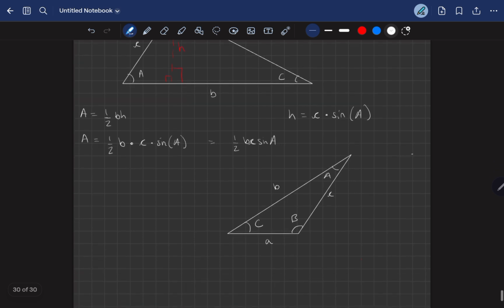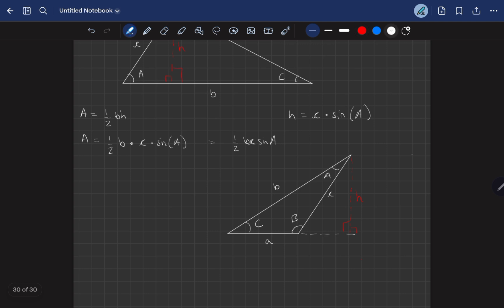Again, the area is half base times height. This time the base is a. Now, what is the perpendicular height? The perpendicular height is going to be here, what we label as red. That's our height, h.